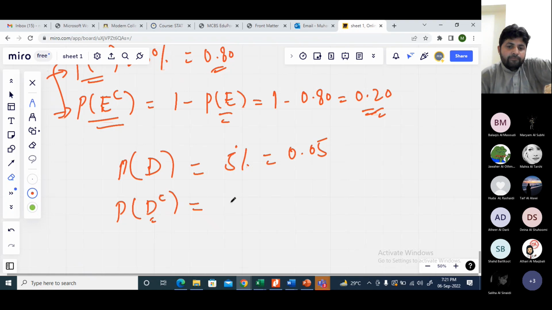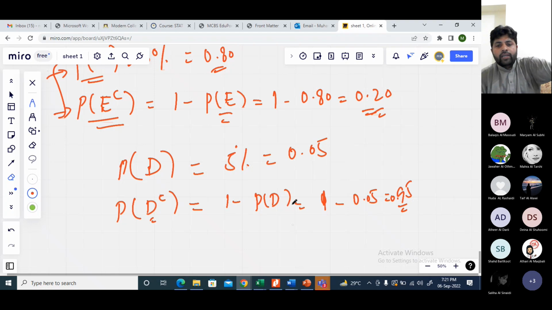So 1 minus probability of D, which is 1 minus 0.05. Answer is 95%. Okay.